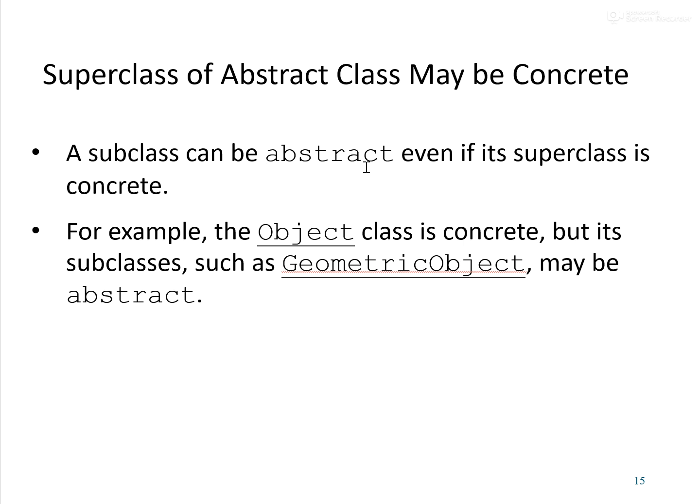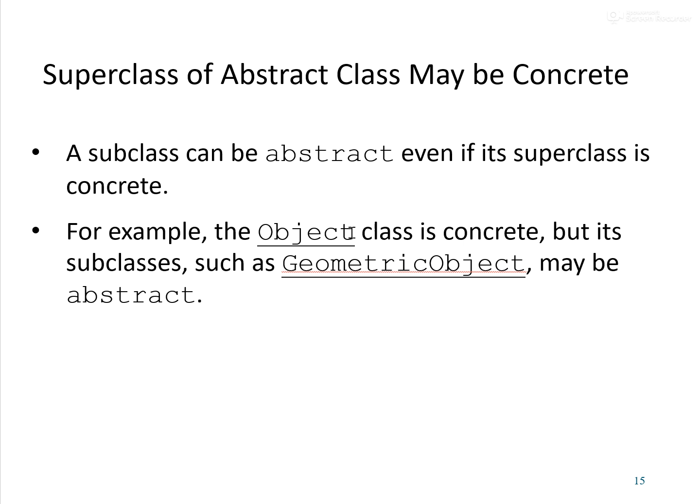A subclass can be abstract, even if its superclass is concrete. So now imagine you have an entire tree of classes, subclasses with more subclasses, starting from the top. So you may have a superclass that's not abstract, a subclass that is abstract. That is perfectly okay. And there's actually an example of that. The object class.